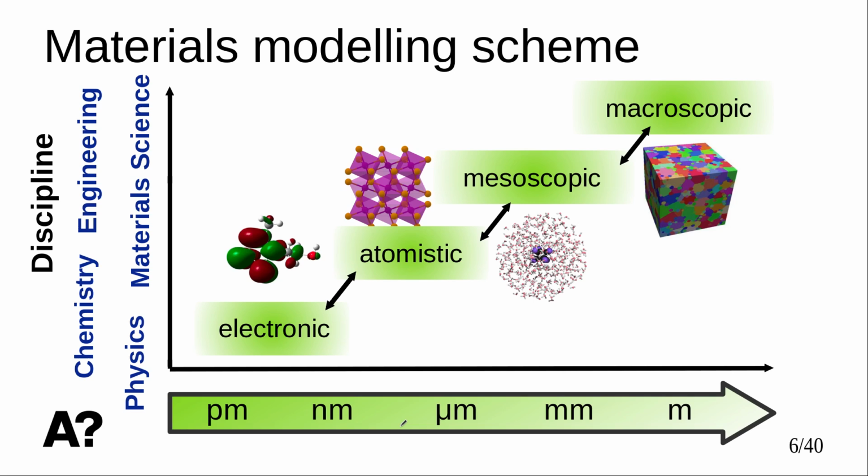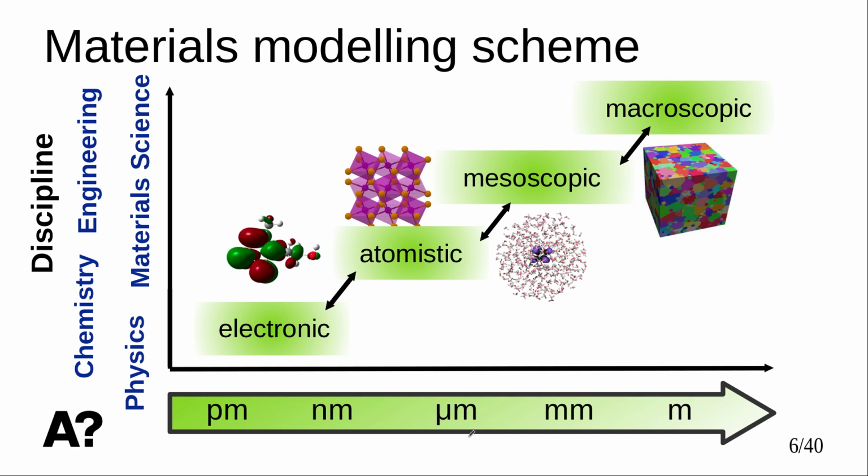So in physics, chemistry, engineering and material science, we model various properties over various length scales and time scales. And we're interested in various questions. We're interested in electronic structure properties or atomistic structures.